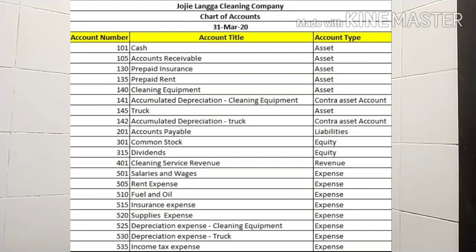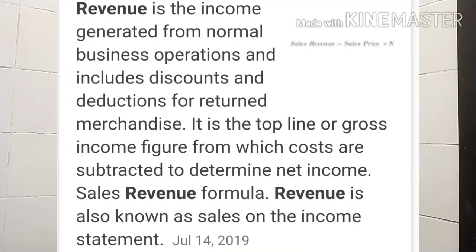Once our equity or capital decreases, we have to put it in the debit side. Next, we will proceed with the revenue account. Revenue account is an account that includes the income or revenue.